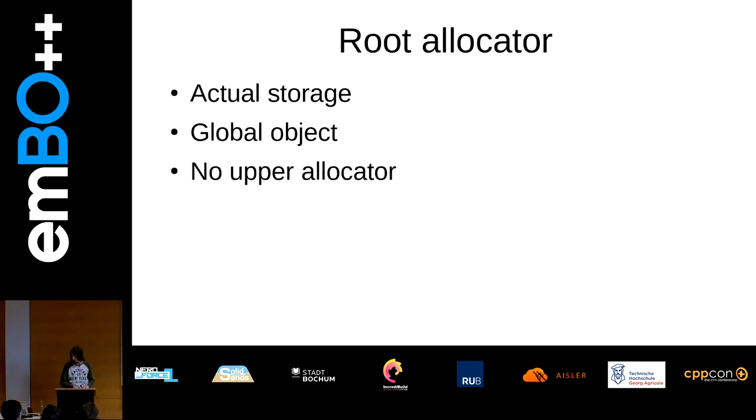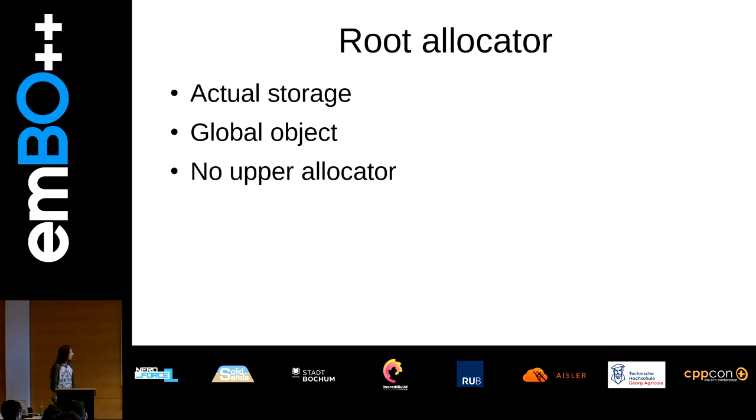There is one more thing I need to cover before going into that: the root allocator. For this entire tree of allocators, you need to have some place to actually put all the data, because otherwise you just have a theoretical data type, but no location to store it. So that's the root allocator.